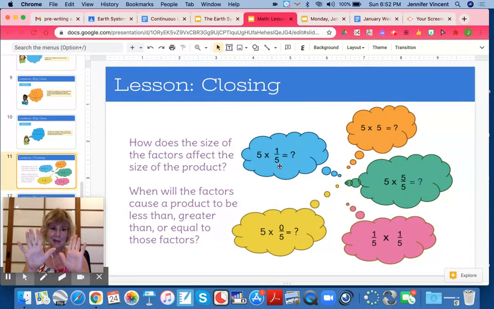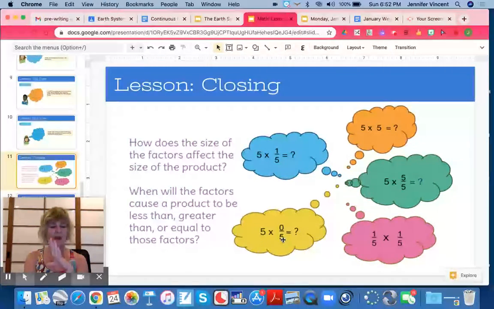Bigger, smaller, stay the same. 5 times 5/5, bigger, smaller, stay the same? What is 5/5 equal to? 1/5 times 1/5. That's going to be pretty darn small. Definitely smaller. 5 times 0 over 5. 0 over 5 is worth 0. Okay, looking good. I'm understanding.